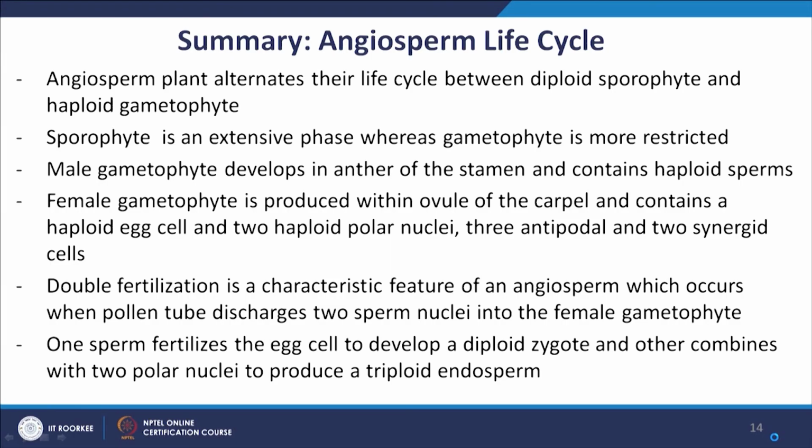Double fertilization is a characteristic feature of angiosperms, which occurs when the pollen tube discharges 2 sperm nuclei into the female gametophyte. One sperm fertilizes the egg cell to develop a diploid zygote, another combines with 2 polar nuclei to produce a triploid endosperm.